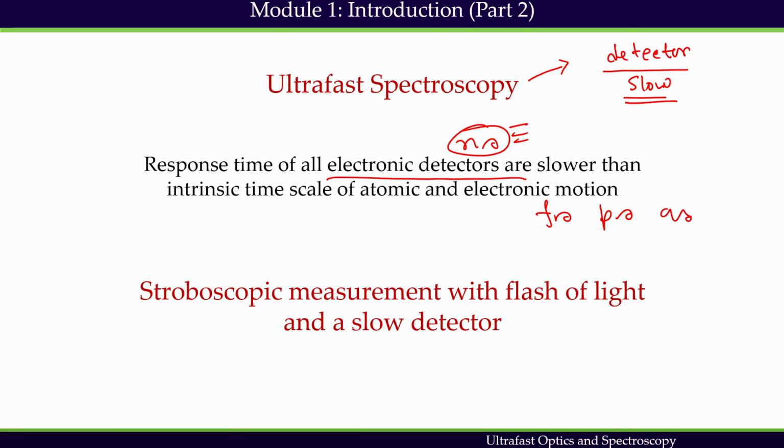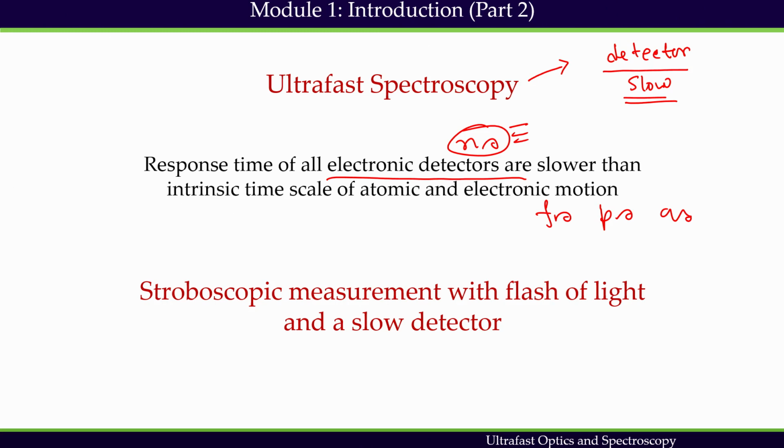We cannot have femtosecond or attosecond time resolution, or even few picosecond time resolution, with the help of electronics. Therefore, all time sensitive detectors are slow detectors when it comes to measuring the intrinsic time scale of nuclei and electrons. Therefore, only a flash of light provides a well defined time window for time resolved measurements with a slow detector.